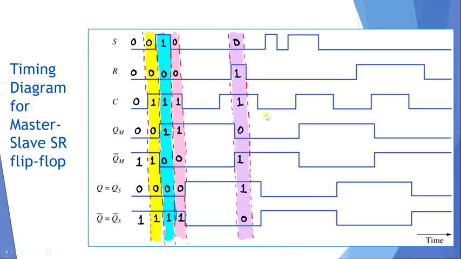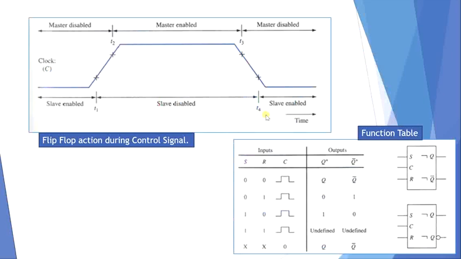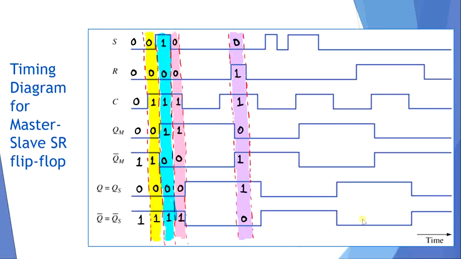So when you have the clock input at logic 1 and the combination is 1, 0, if you look at the function table, 1, 0 with clock input 1 gives an output equal to 1, 0. Here the same thing has been explained. You have 1, 0, clock input is 1, output is equal to 1, 0.